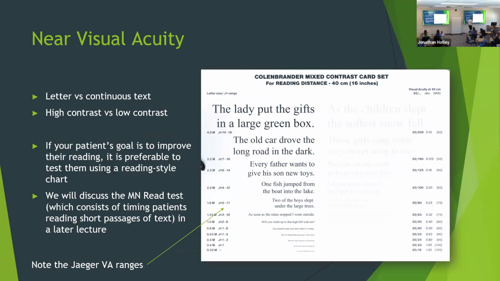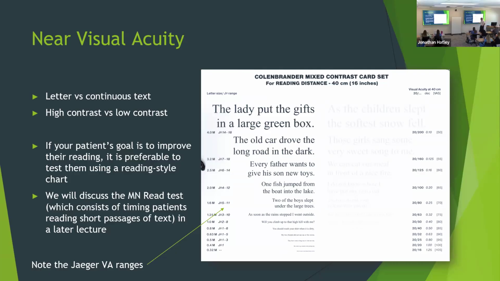The other consideration that some of these have, in this case, this Colenbrander on the back of the card, has continuous text. So you can see here that there are short sentences that the patient can read. There's a few different other ones. We'll talk about the MNREAD test in a future lecture, but this is basically the same thing where the patient reads short passages of text, and in that way we can determine how good their reading performance is.